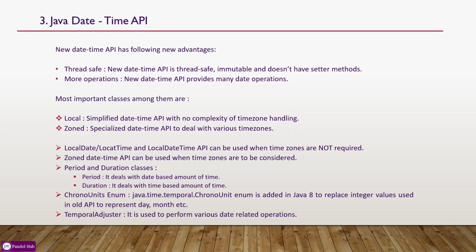They have different enum values to represent the day, month, and year instead of using the integer values as we did before Java 8. So temporal adjuster is used to perform various date-related operations. It helps us to perform various operations on a date.